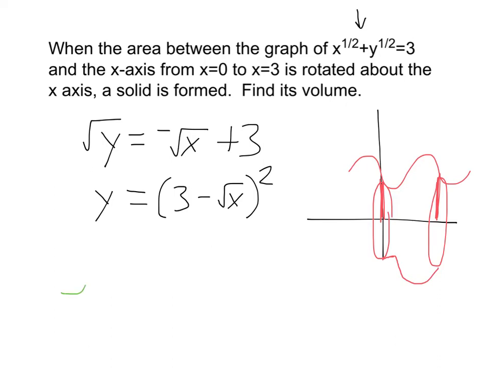All we have to do is the integral of pi times the radius squared. Well, what's the radius? The radius is the distance to the curve. How tall is that curve? Well, that curve is (3 minus the square root of x) squared. And we're going from 0 to 3.